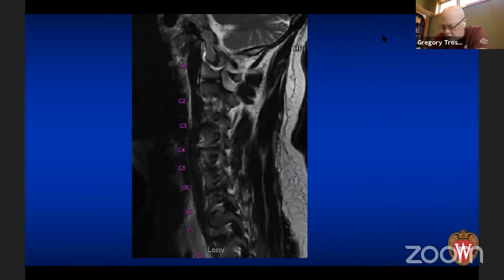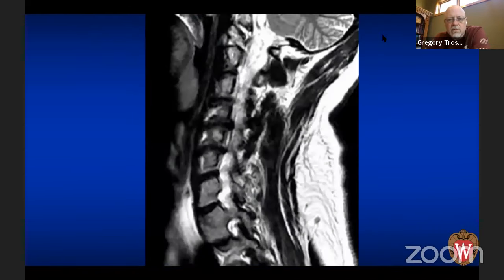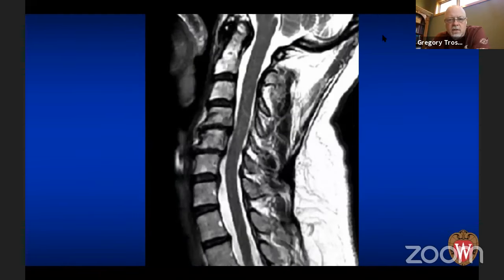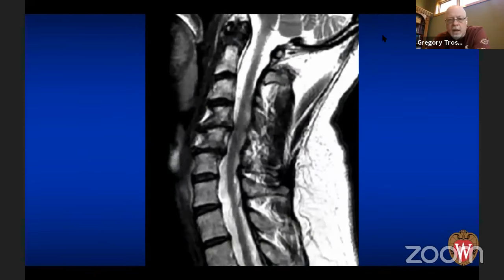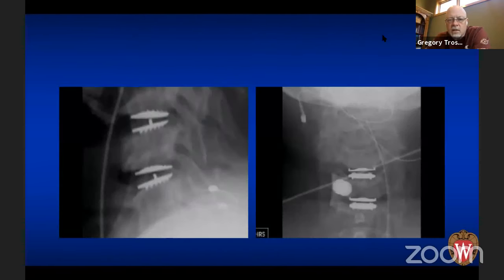I don't want to show you that because the next case is a two-level disaster. So this is a patient with two-level disease. I'm just going to show it to you for kicks because we're going to end here. She had two-level disease and underwent this, and had really collapsed vertebrae ahead of time.